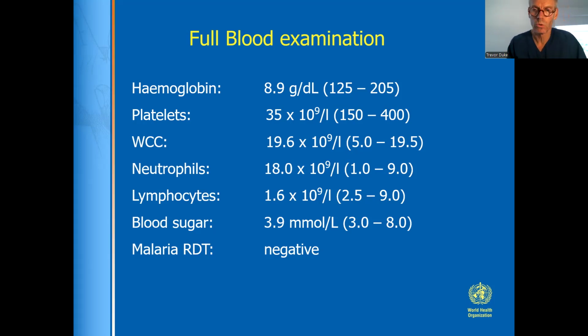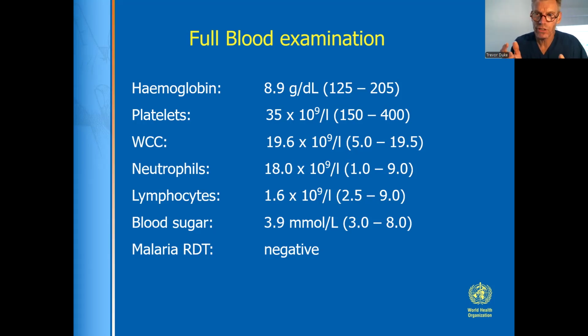Triangulate means putting them all together and seeing what fits and what doesn't fit. So far, on the full blood count, we know he's got a mild anemia. He's got thrombocytopenia, that's low platelets. His total white cell count is a bit high, and mostly what's high is his neutrophil count.